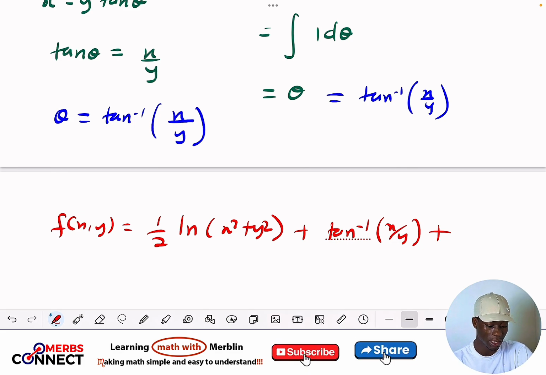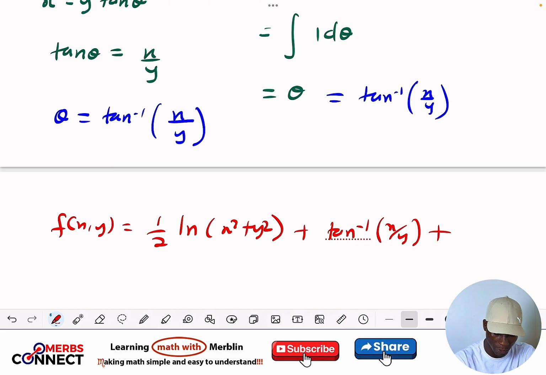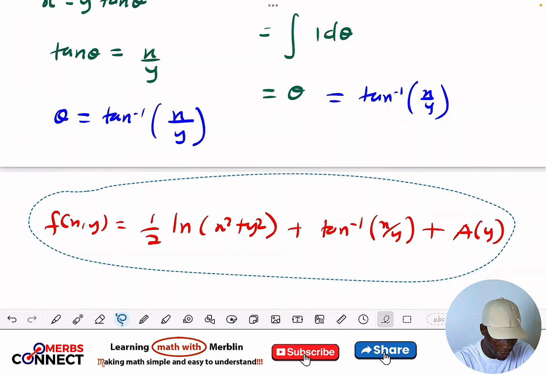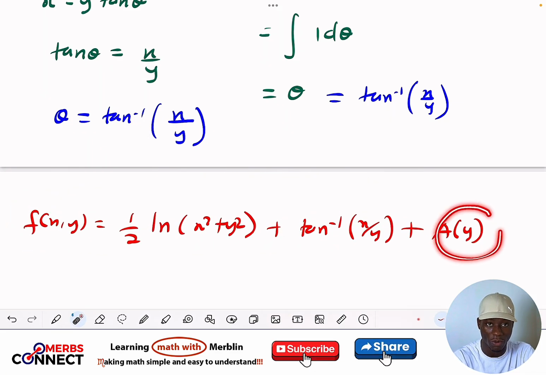But this one, since we are differentiating it with respect to two variables like x and y, and this one we integrated with respect to x, then our constant should depend on the other variable that we didn't integrate with respect to. So this is going to be a of y. So this is the function that we were using, but we need to go and look for a of y.